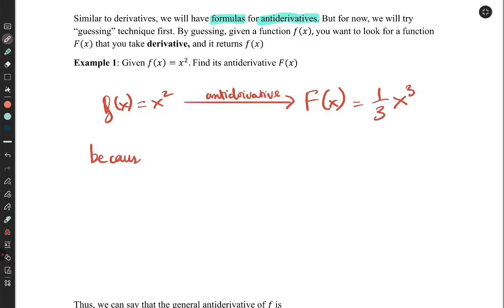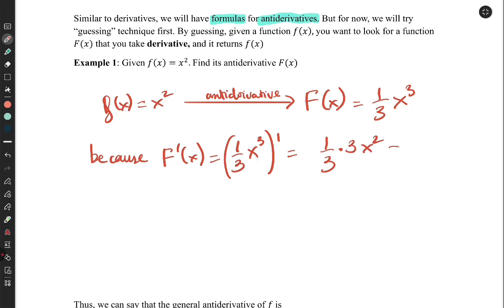Because when you take the derivative of that capital F, you take the derivative of this, which is 1/3 times 3 times x squared, equal to x squared, which is f of x. It returns exactly the same thing.